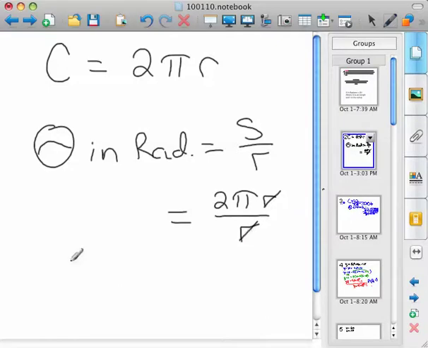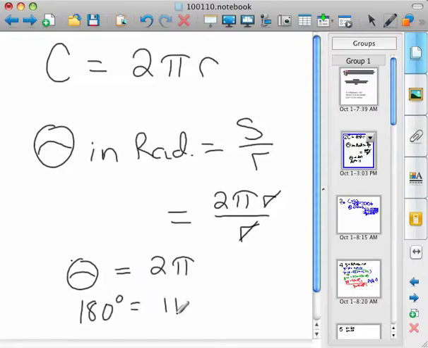So theta for a full circle in radians is 2 pi. That means 180 degrees, half of that, is pi. There's our proof of how pi is related to 180 degrees.